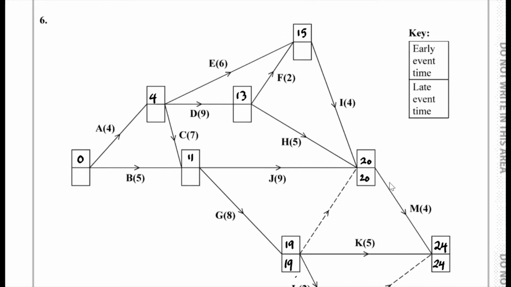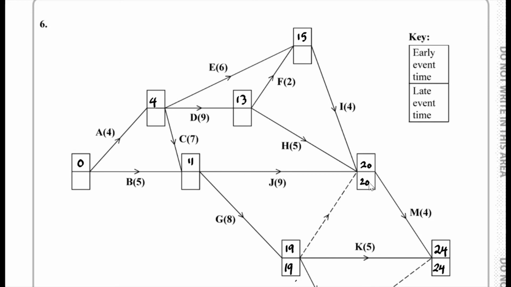Now 20 take away the 4 from I, that takes us up to 16. And there's nothing else which goes back to there, so we have 16 which goes here. Okay, now if we consider this over here, we have 20 take away the 5 from H, that brings us up to 15.